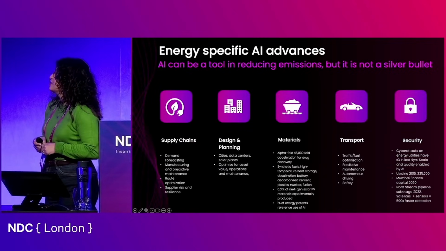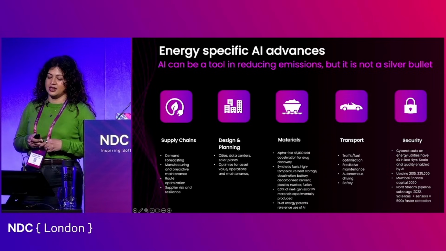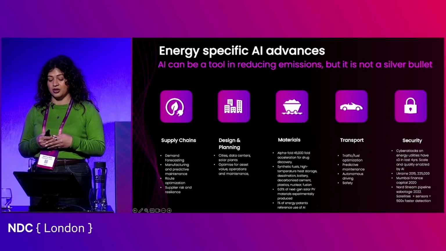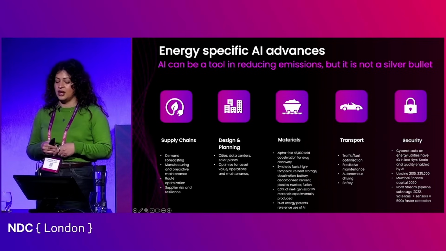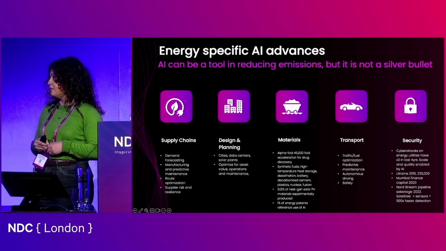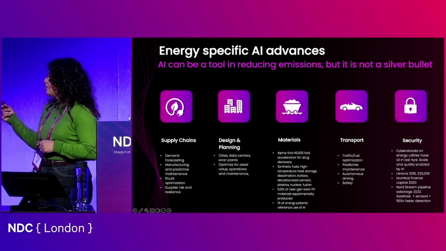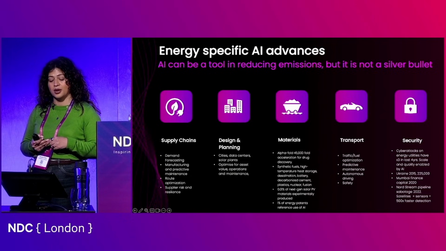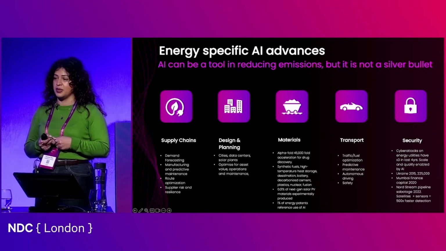Before we get into it, I just wanted to cover some of the energy-specific AI advances. As I mentioned, a lot of AI can be used to enhance our movement towards sustainability, but it's not a silver bullet. It's not going to be the answer to all of our problems, specifically within the climate change challenges that we face today. If we look firstly at supply chains, with more and more data at our disposal, we can better forecast trends and weather patterns that enable us to understand our customer base and demand.